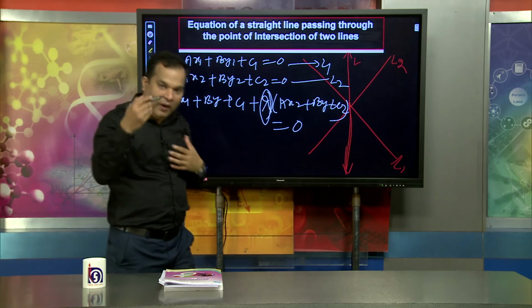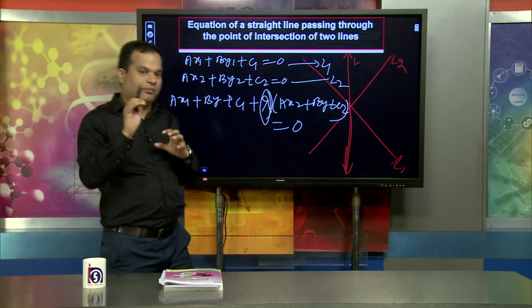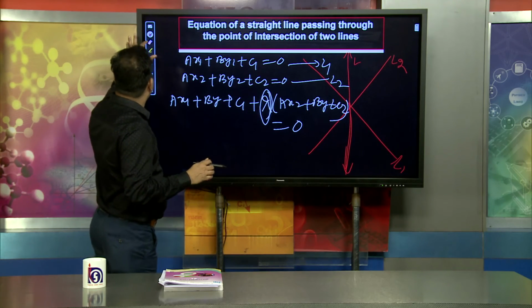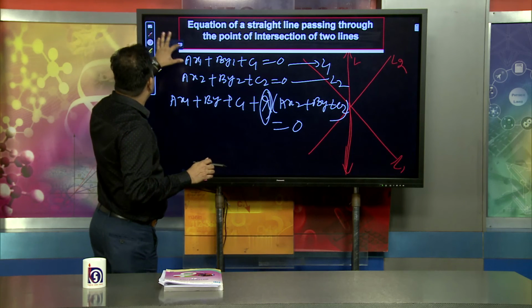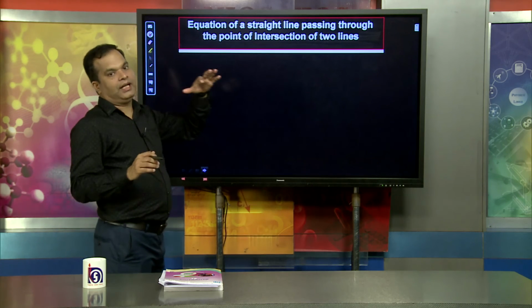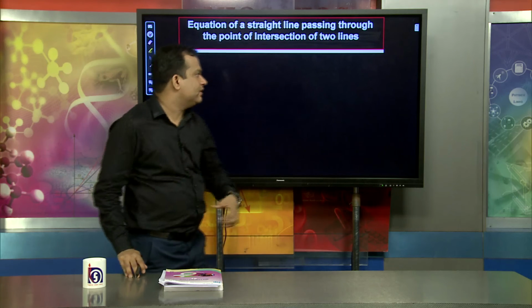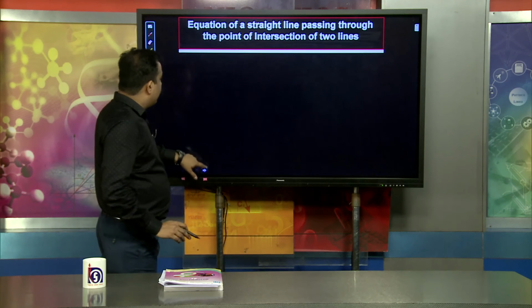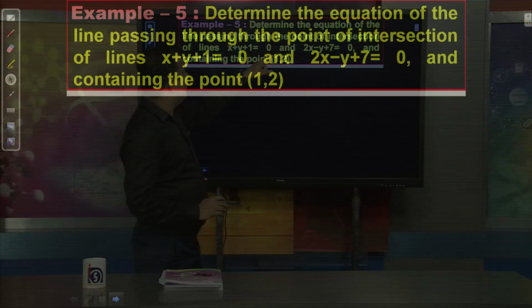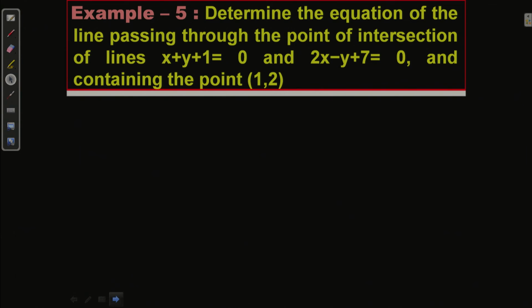By taking one example, we can now solve how to find the equation of a straight line that passes through the intersection of two other lines. Determine the equation of the line passing through the point of intersection.